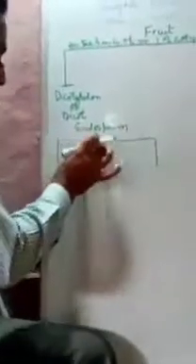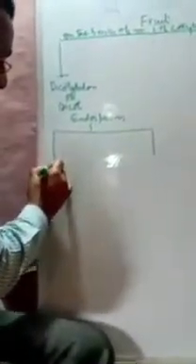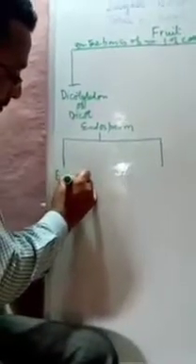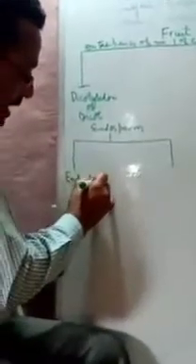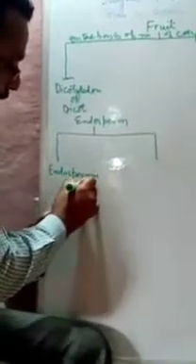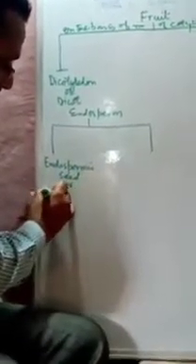In dicots, if the endosperm is present, then it is called endospermic seed or albuminous.